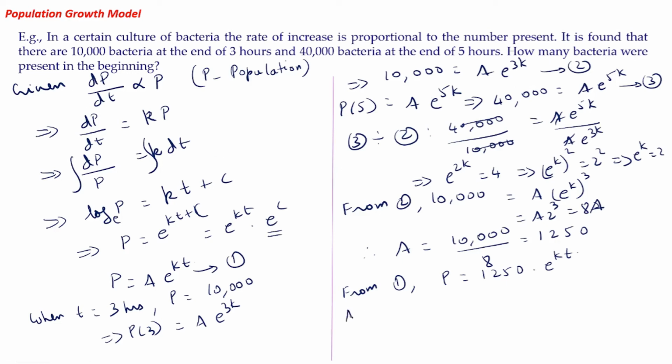So at t equal to 0, we need to find P. When t equals 0, P equals 1250 into e raised to 0, or it is equal to 1250. Therefore, we have P of 0 equal to 1250. So the number of bacteria present in the beginning was 1250.